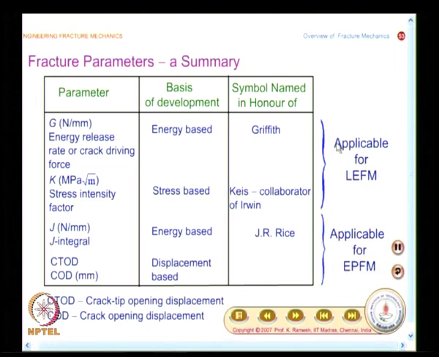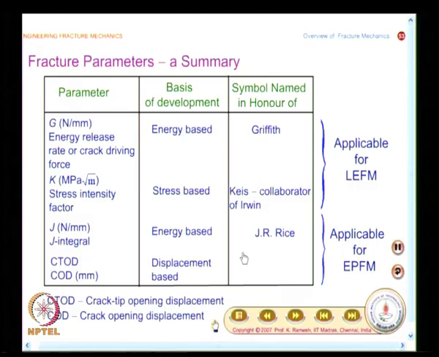Certain parameters are applicable for LEFM, linear elastic fracture mechanics, and the other parameters are applicable for elastoplastic fracture mechanics. Finally, we are only dealing with fracture. You have several parameters G, K, J, CTOD and so on.